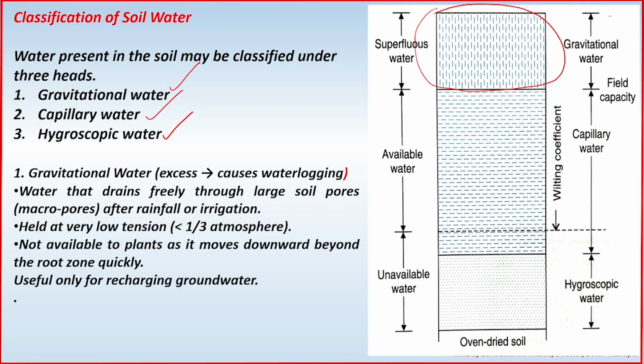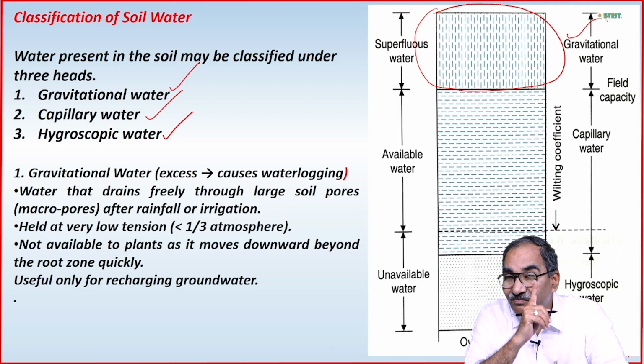If you take an oven dried sample and allow water to pass through it, the water drains freely through it because of the gravity force. Whatever soil pores are there, the water will flow clearly through them, and that water which is flowing through the pores of the soil is what we call gravitational water.